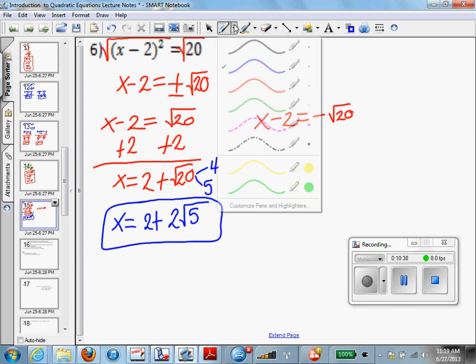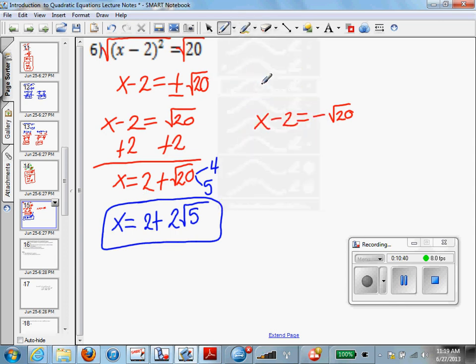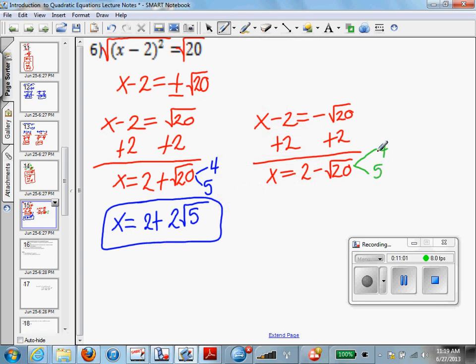Okay, and for this other piece of the problem, let's start solving for x by adding 2 to both sides. So we have x equals, let's pull that 2 out in front, 2 minus square root of 20. Now just like before, we can think of 20 as the product of 4 and 5.